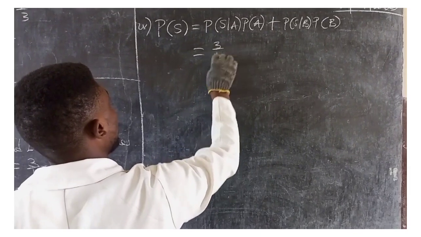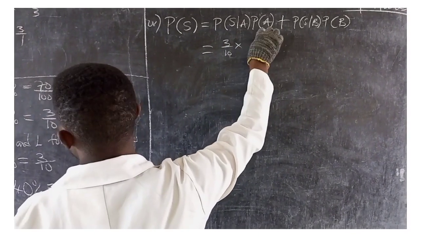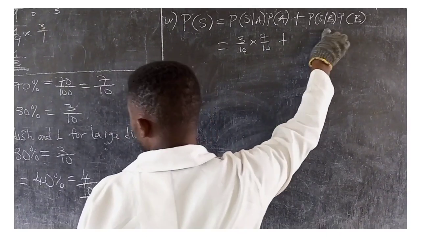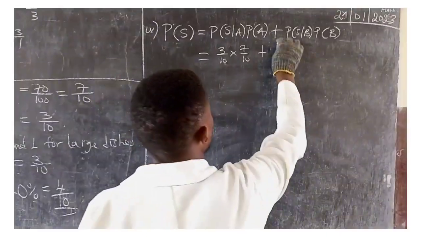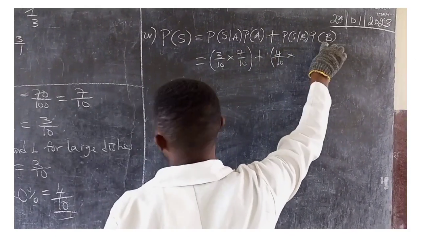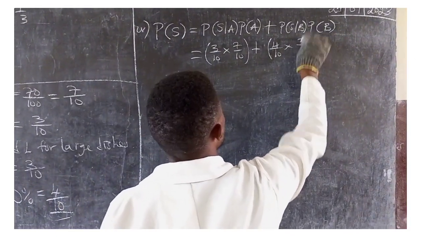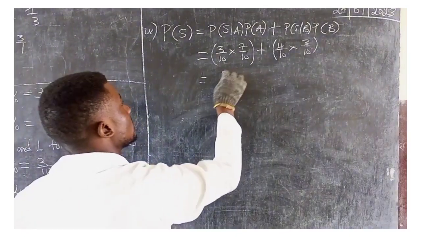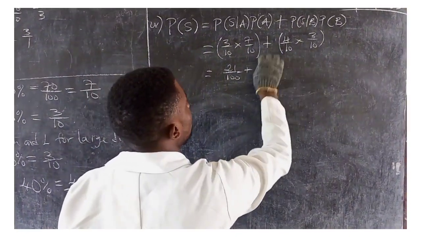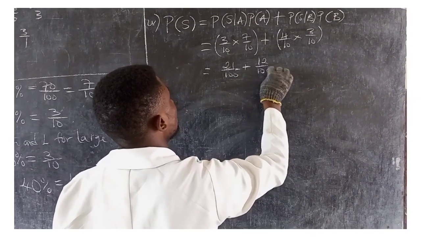It gives us, we have this one: 3 on 10 times this one, which was 7 on 10, plus this one, which was 4 on 10 times this one, which was 3 on 10. We simplify all of this. This is 21 on 100 plus this is 12 on 100.